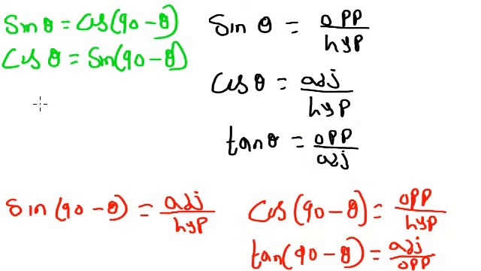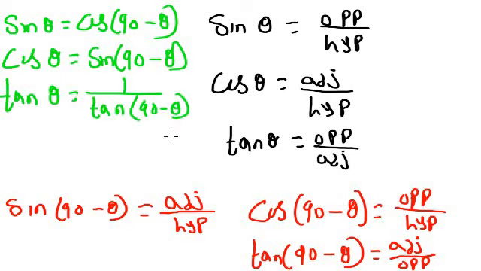So that seems to be the reciprocal. Therefore, tan theta equals the reciprocal, which is 1 over tan 90 minus theta. And from the reciprocal functions, we know that 1 over tan theta corresponds to cot theta. So definitely, tan theta is the same as cot 90 minus theta. And these are the first three trigonometric ratios of complementary angles.